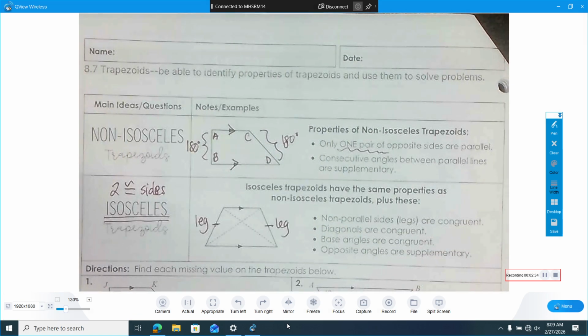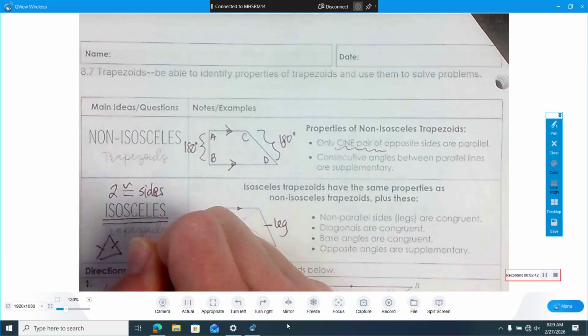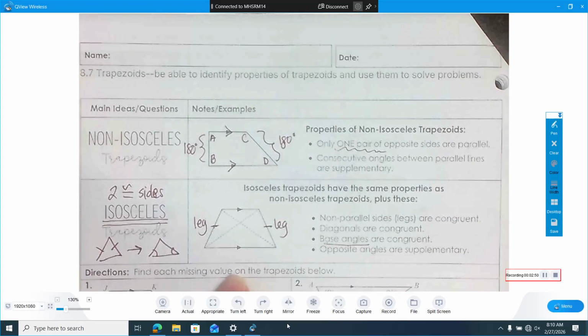If the legs are congruent, then the base angles are congruent. We have that same property in an isosceles trapezoid. The base angles are also congruent.